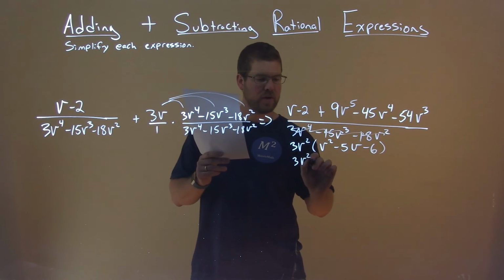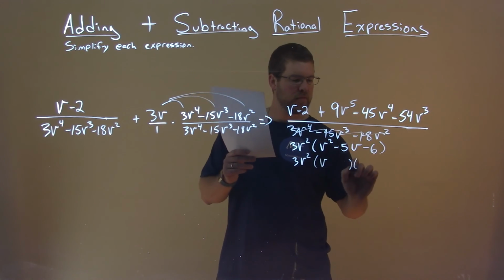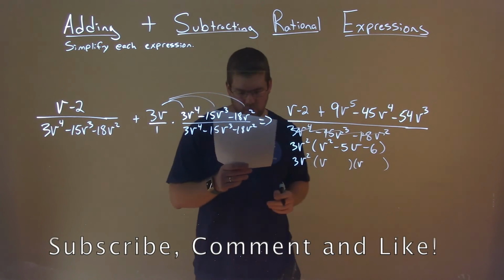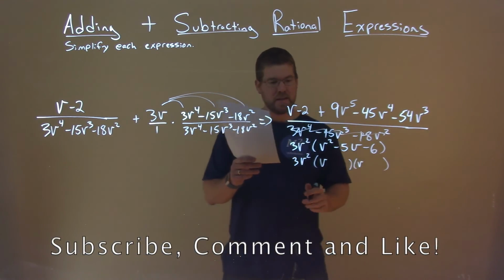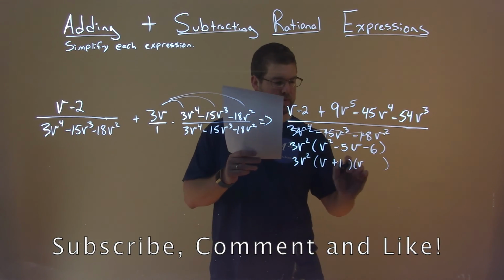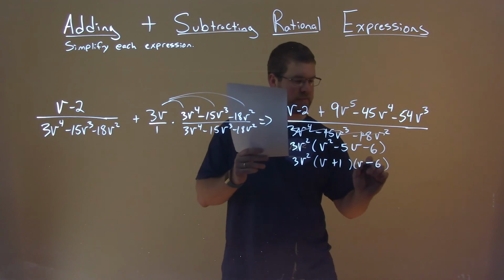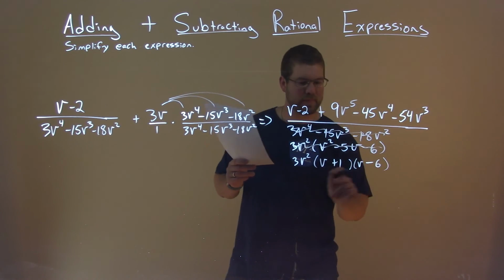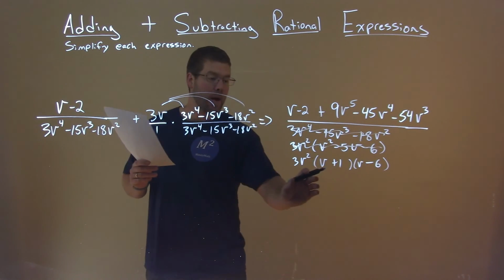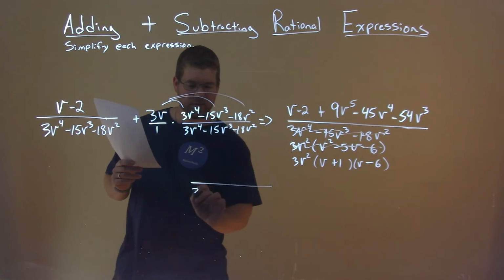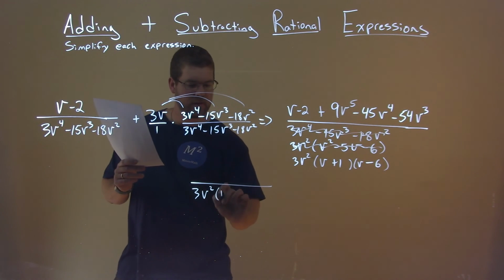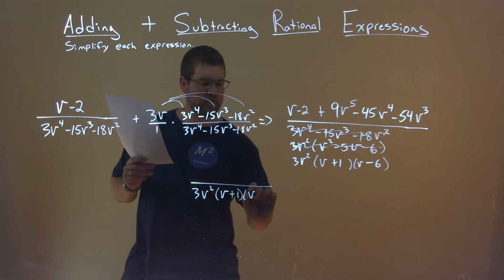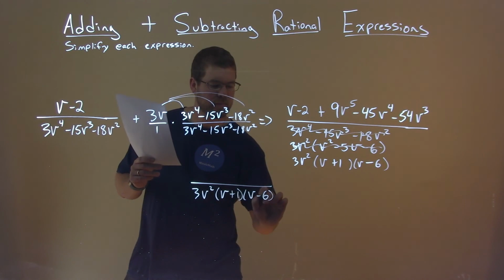So 3v squared comes down, and what does this come out to be? Well, v squared minus 5v minus 6 is, well, a v plus 1 times a v minus 6. So we replace that again. All right. So our common denominator, simplified, is 3v squared times v plus 1 times v minus 6 here.